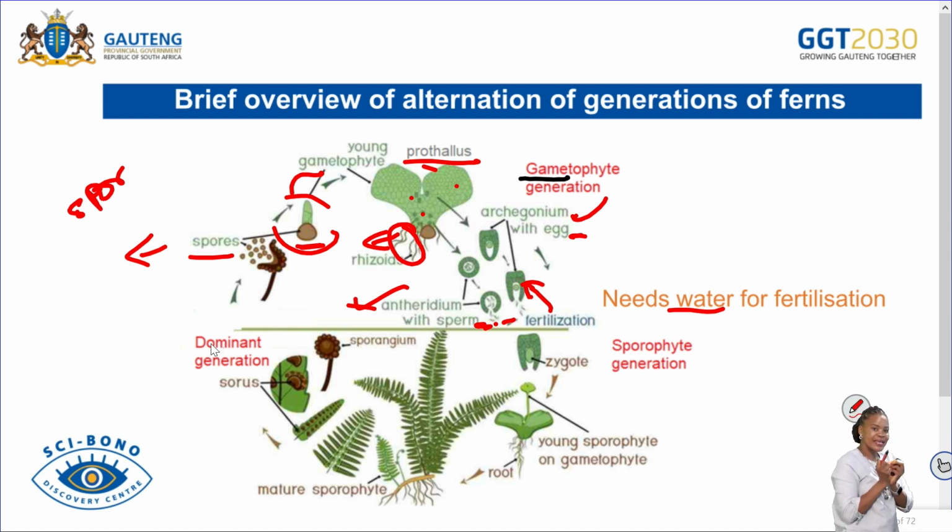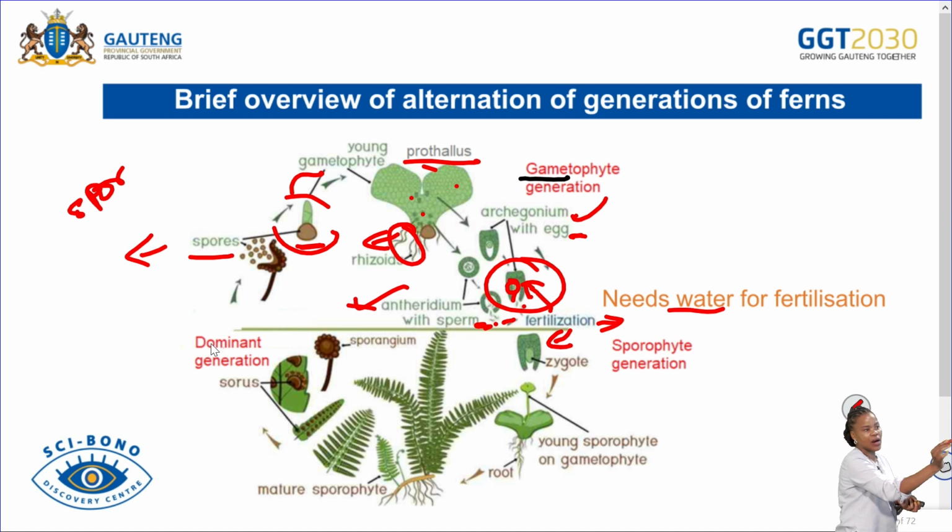Remember, the archegonium is the female reproductive part. And why so? So that these sperm cells can fuse with the egg cell, which is inside the archegonium. And that process, remember, is called fertilization.